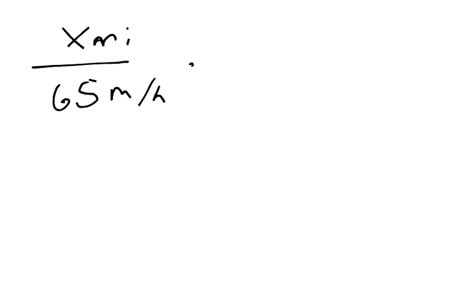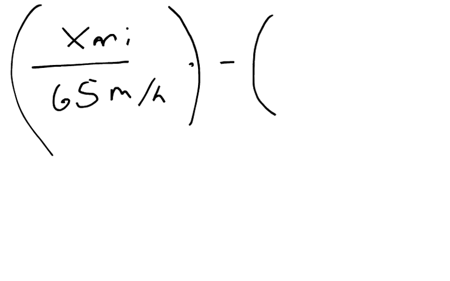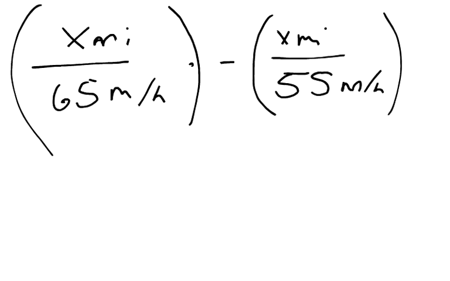If distance divided by velocity equals time, then x over 65 is the time it takes the faster car to travel x miles, and if we subtract that from the time it takes the slower car to travel the same number of miles, that should equal 15 minutes.